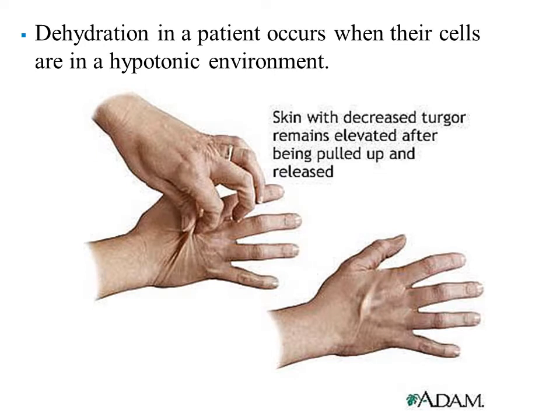Dehydration in a patient occurs when their cells are in a hypotonic environment. On a hot summer day, this patient did not stay hydrated. So therefore, the ICF of their cell is supposed to be 70% water, but it drops to 50% water.